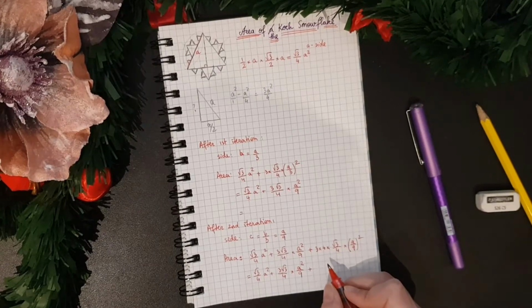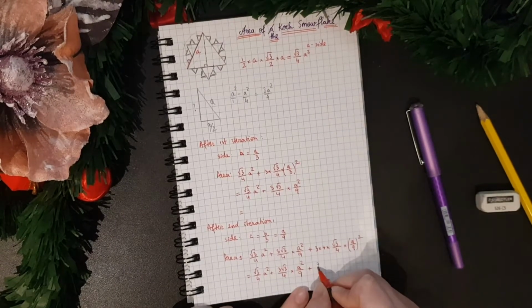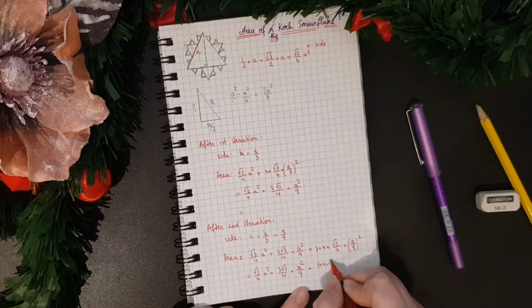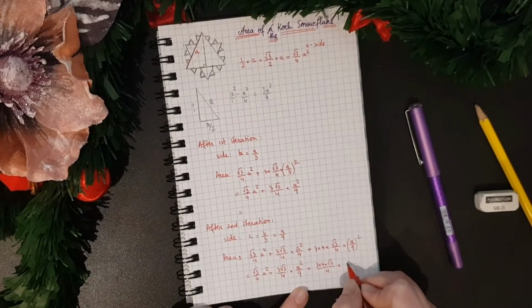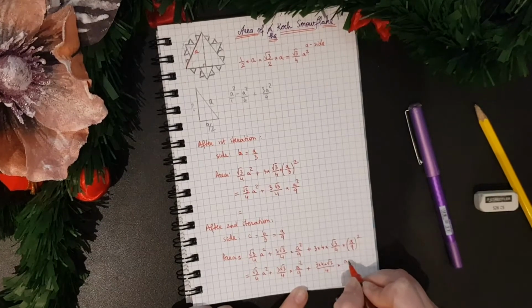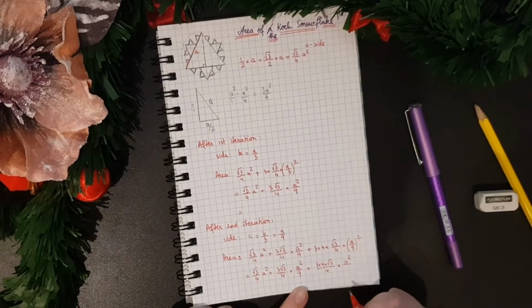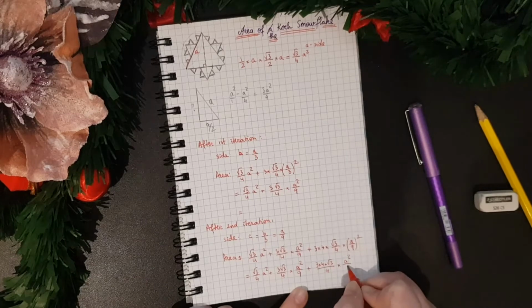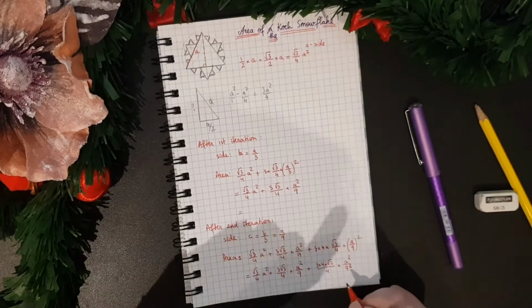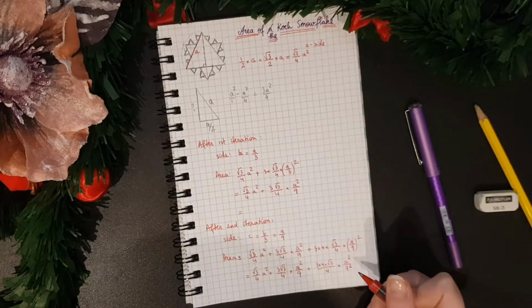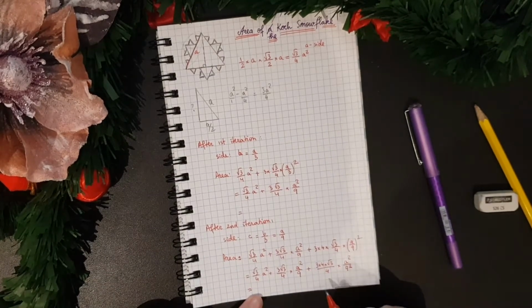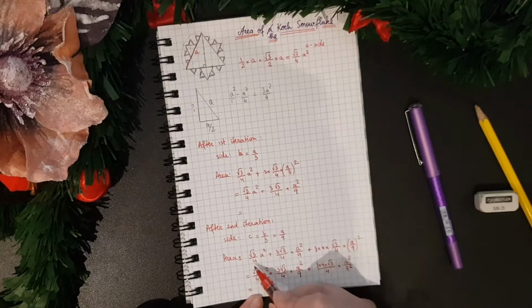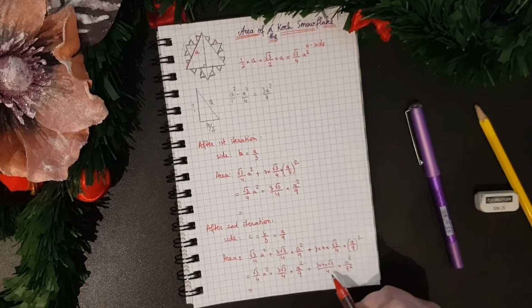3 times 4. Oh, I don't want to do these calculations. There's another 9 that's squared. So I've got the 3 over 4 is obviously everywhere.